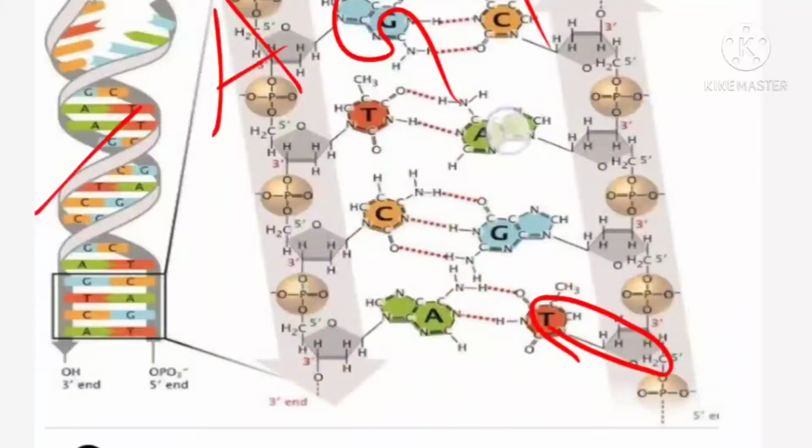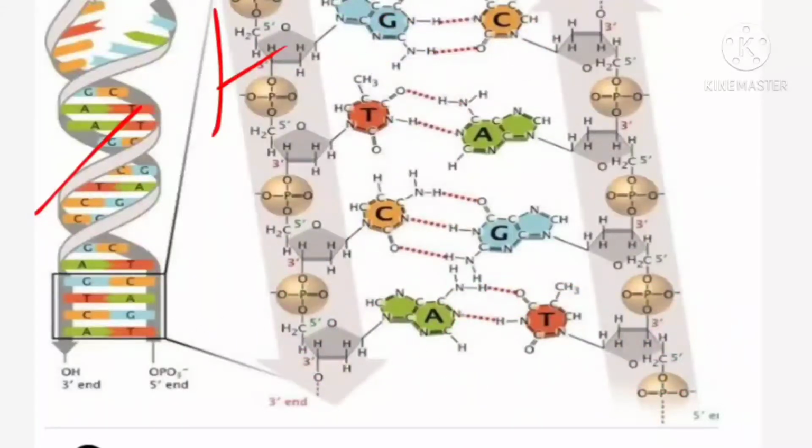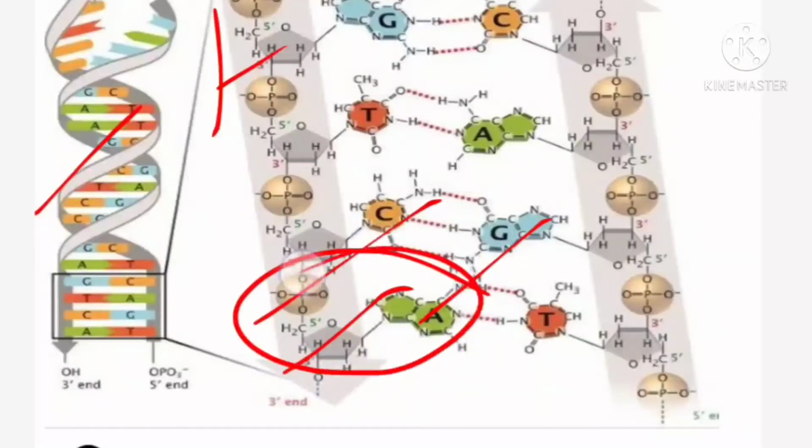So when thymine is pairing with sugar, we call it a nucleoside. When it is pairing with phosphate as well, three together, we call it a nucleotide. Two together, we call it a nucleoside. Which two? The nitrogenous base and sugar, nucleoside. When phosphate is also added to it, it becomes three compounds together, that is a nucleotide.